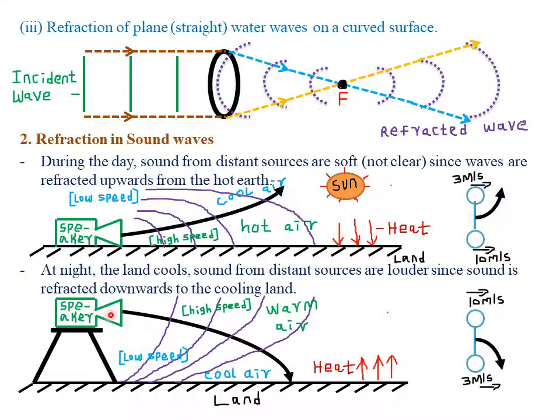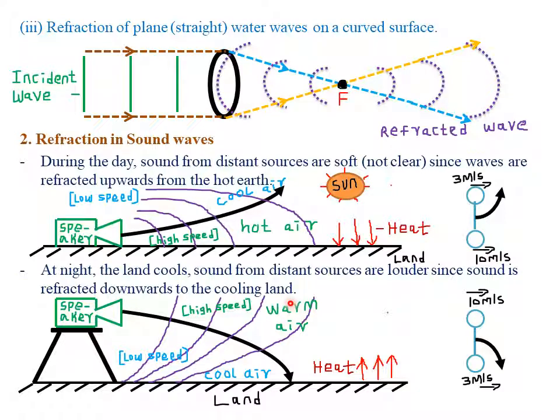But at night, the land usually cools at a faster rate, causing the air near it to also cool. So when the temperature of the air near the ground is low, that means the wavefronts will be moving at a lower speed, because the kinetic energy in the air is also low. However, the air that is above the ground is now warm, because it has gained the heat that was lost from the ground.